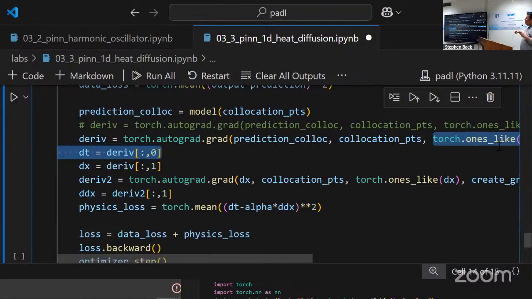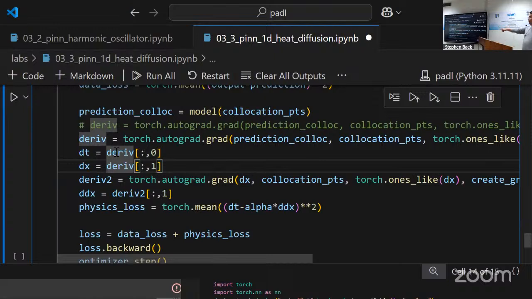What those diagonal terms indicate is essentially the derivative of the prediction with respect to t, and the derivative of the prediction with respect to x. So we have du/dt and du/dx, and they'll be obtained as a result of that first line.